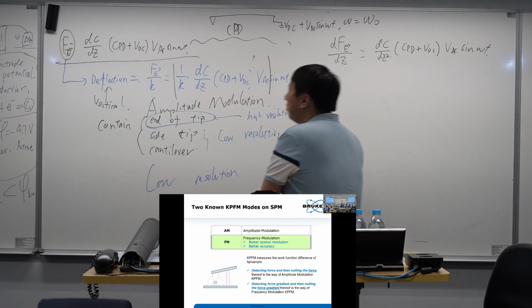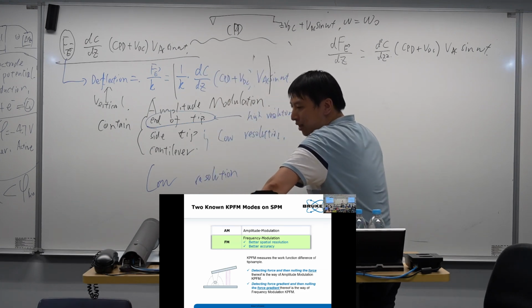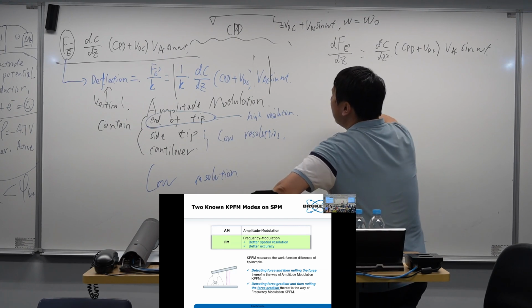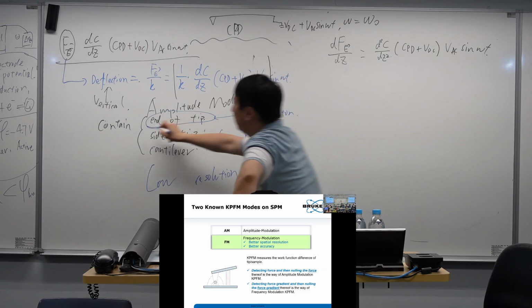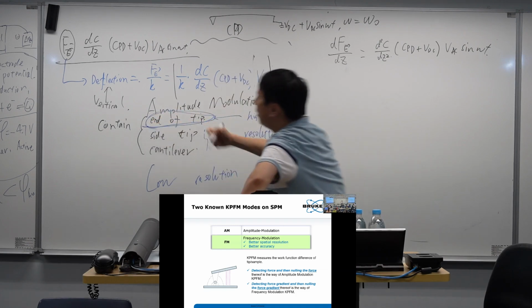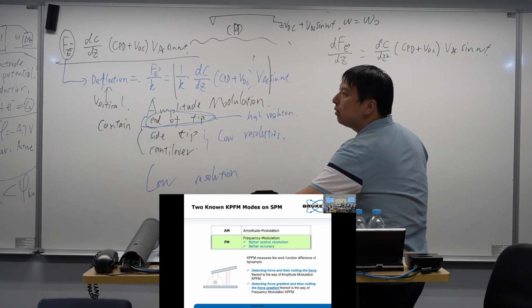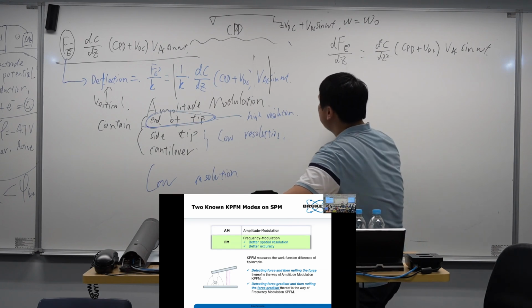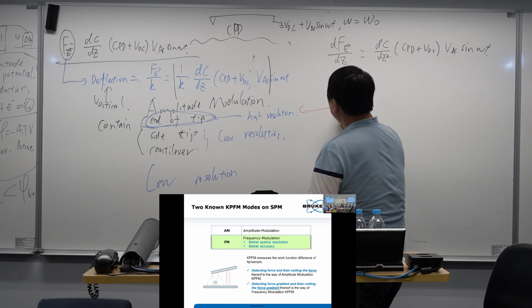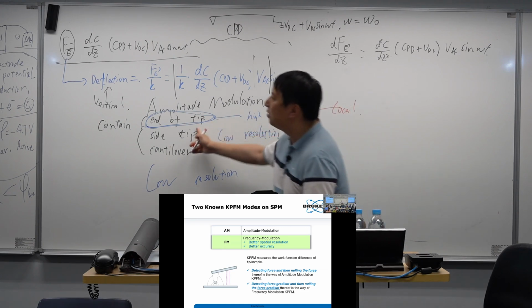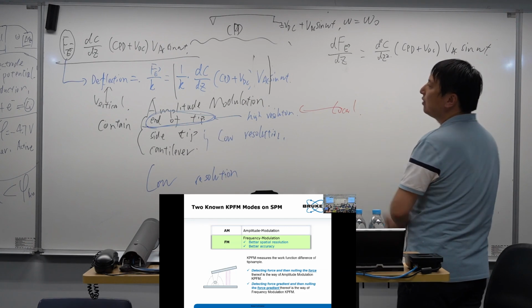So how can we increase the resolution? The topic is how we can make the effect focus just on the end of the tip. The point is we want our measurement to be local at the end of the tip. So how can we do that?